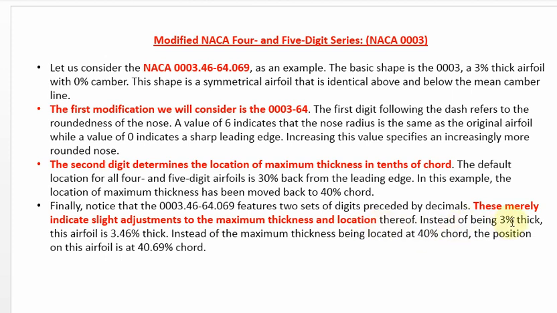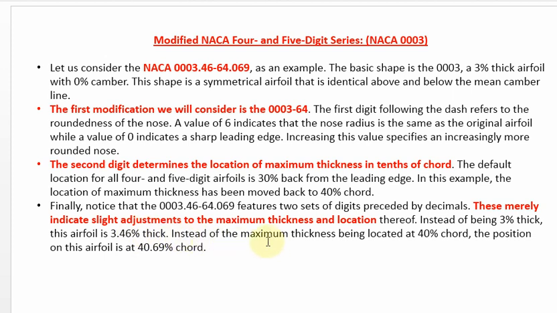Therefore, instead of being 3% thickness, this aerofoil has a 3.46 thickness value. Okay, 3.46, the thickness is added, 0.46 is added. That is why we are getting 003.46. That's the thickness change.